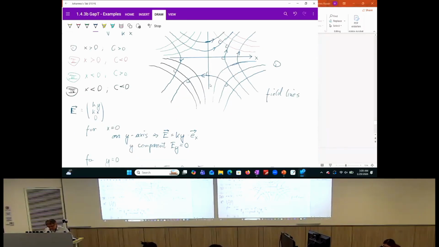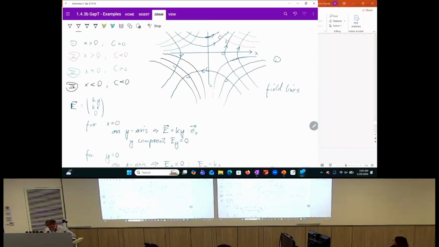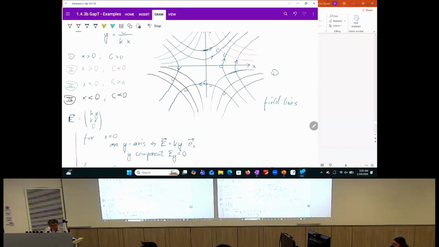So if we look at this one here, if you draw the field vector in here, on the x-axis they only have a component in y direction. As you increase x, the magnitude is increasing as well.